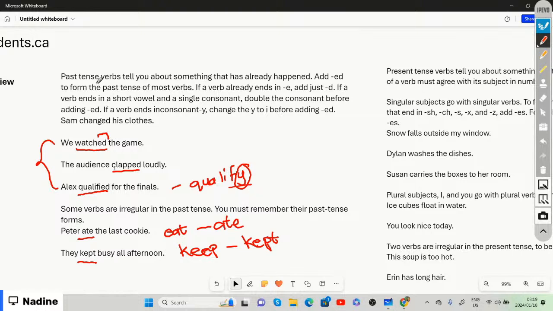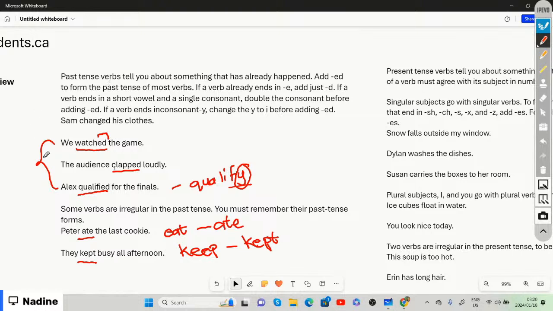So which means that in our past tense, the past tense verb tells you about something that has already happened. And we add ed to form the past tense of most verbs. And if a verb ends in e, then we just add a d, right?